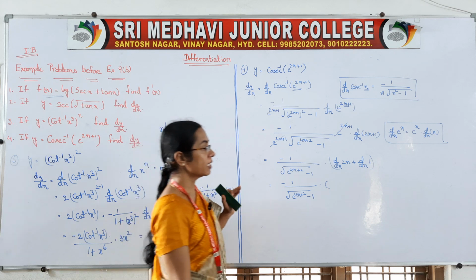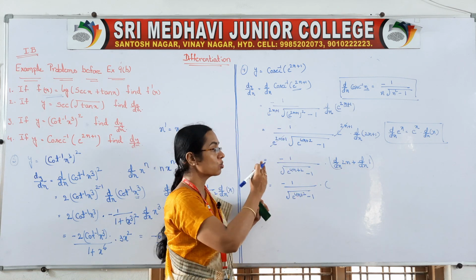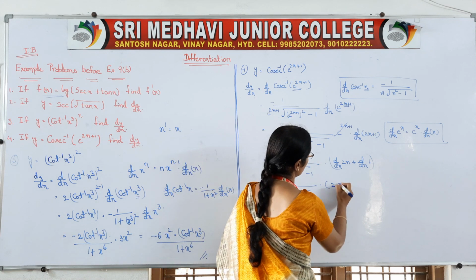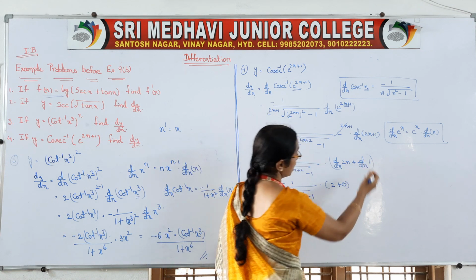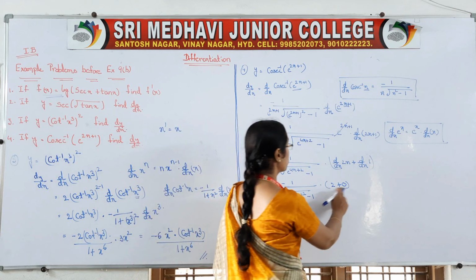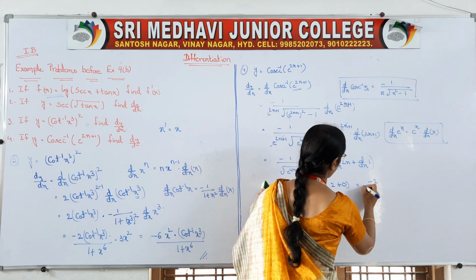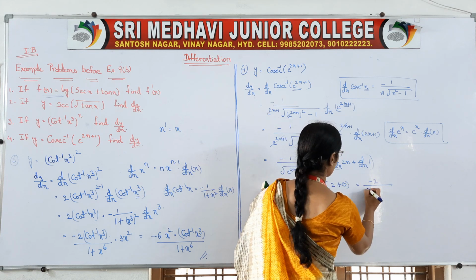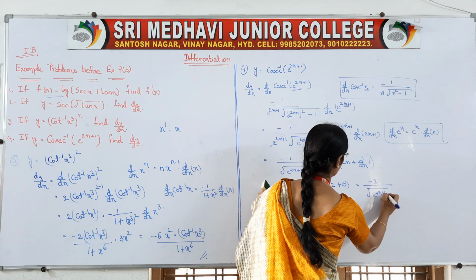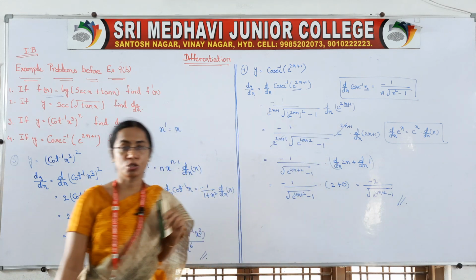So what I said, whenever constant is there we will write constant outside. So 2 into d by dx of x is 1, that is 2 plus 0. D by dx of all the numbers and letters are zeros. So 2 plus 0 is 2. So 2 into minus 1 is minus 2 by root of e to the power of 4x plus 2 minus 1 is the answer of this question.